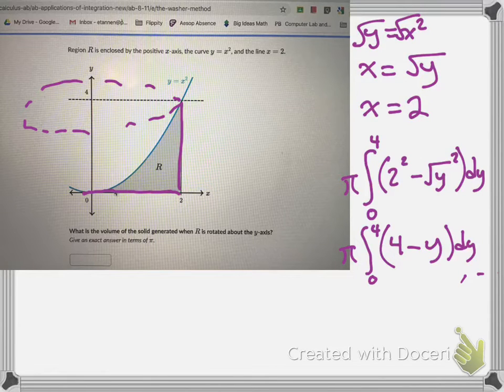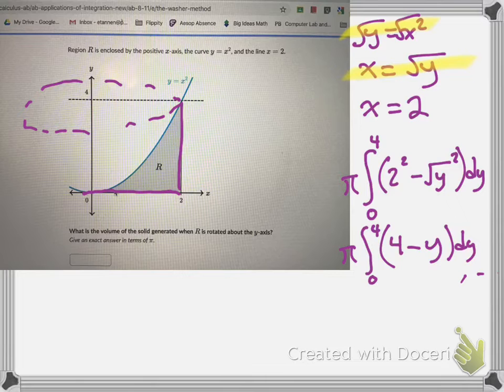So I'm basically now trying to get the integral, but I'm rotating it about the y-axis. So what I did here was I took my function, my y equals x squared.